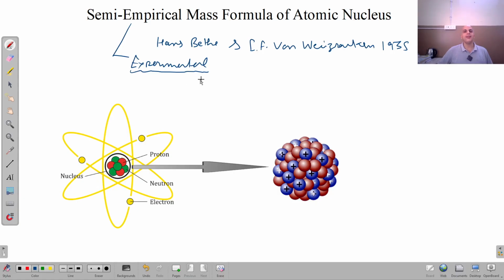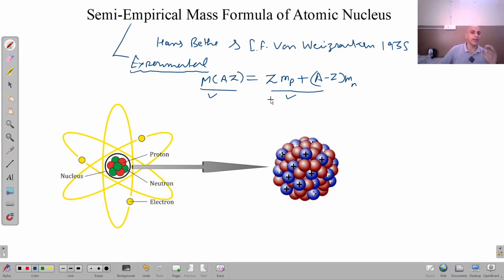We know very well that the mass of the atomic nucleus, if I write it as M(A,Z), will be equal to Z times the mass of proton plus (A minus Z) times the mass of neutron. Now, if I equate these two quantities, then I will find that this quantity is more than this by some amount.